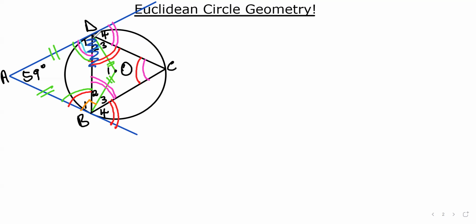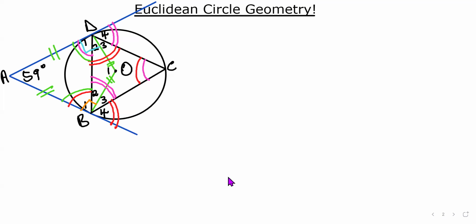We can say that this chord, or this arc if you like, BD, subtends angle O1 at the center. It also subtends angle C at the circumference of a circle. So, you know that thing. Angle at the center is twice the angle at the circumference. Yeah, no, I think we can stop. Exterior angle, of course, is there as well. Now, I think we have identified enough for this question.